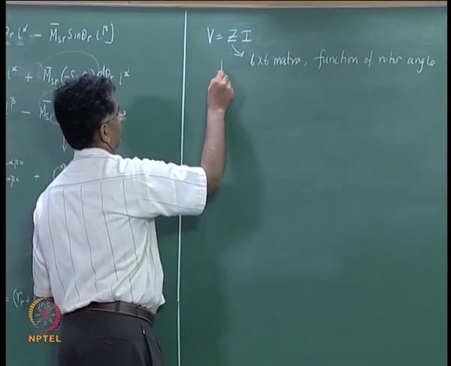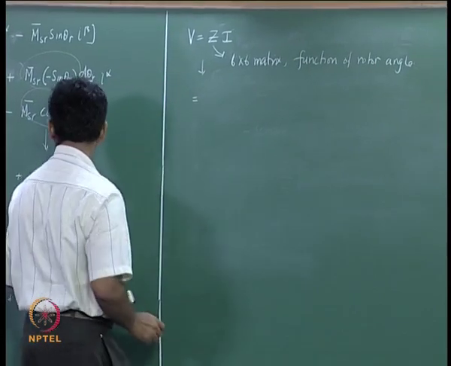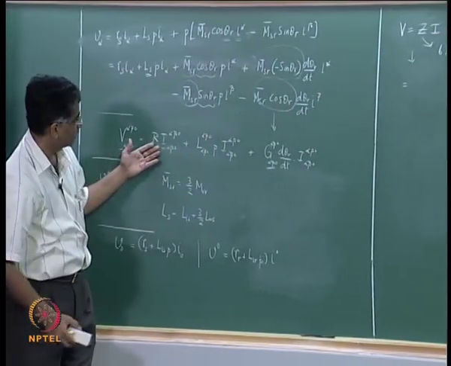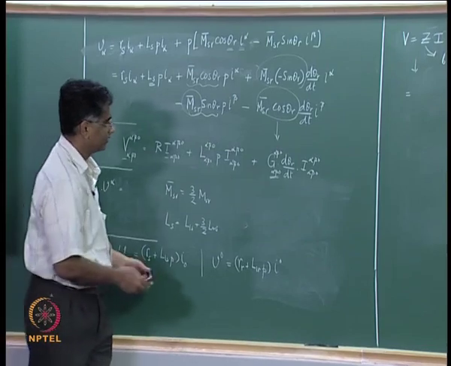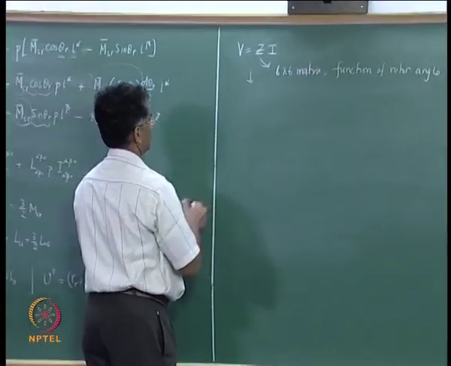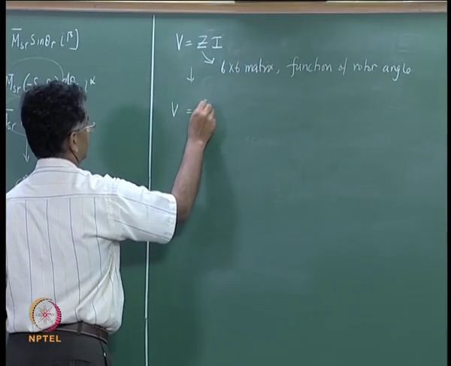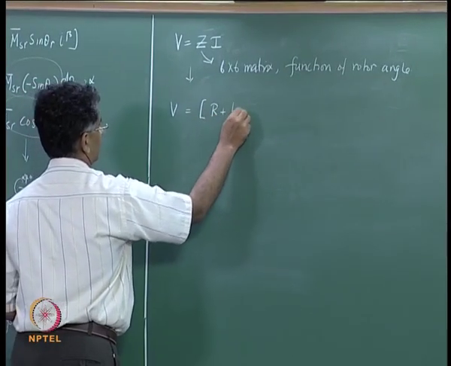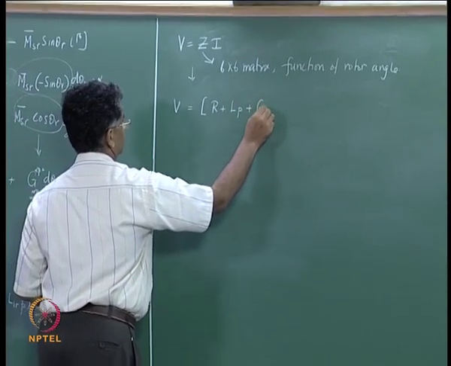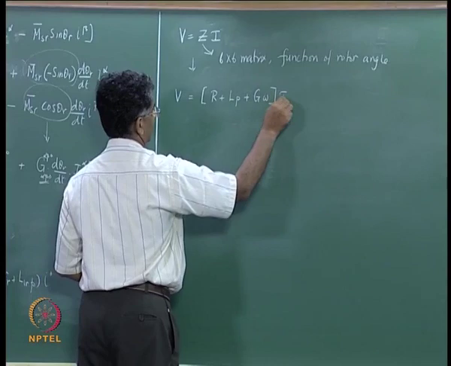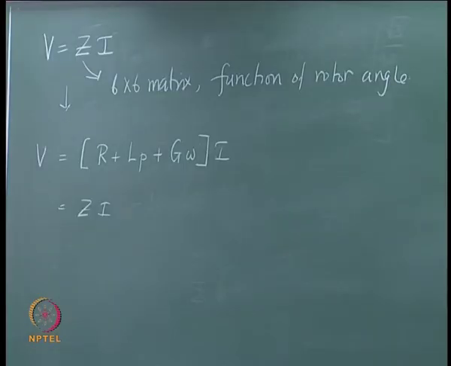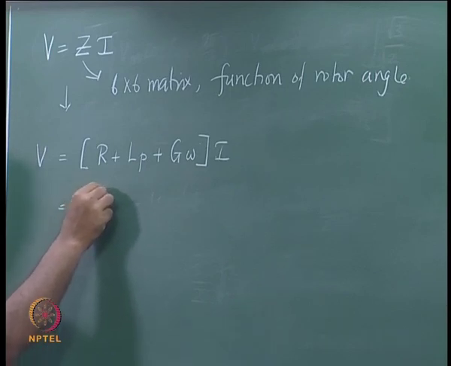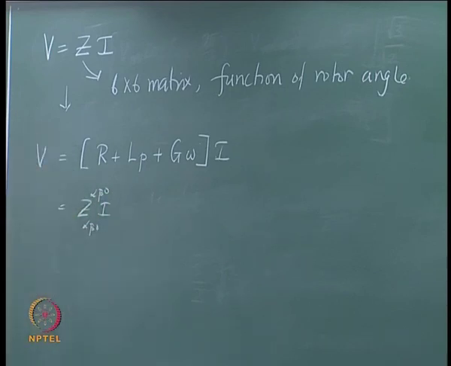What we have done is we have reduced this to another description, V equals Ri plus L into Pi plus G theta r d theta r by dt. This equation can be compressed and written again in this form, which is nothing but R plus L into P plus G into omega, multiplied by I, which can be written as some Z into I. This is in the alpha beta 0 reference frame, again alpha beta 0 everywhere.